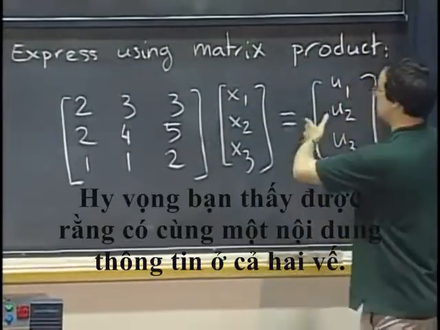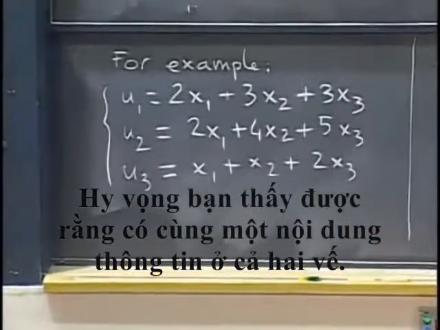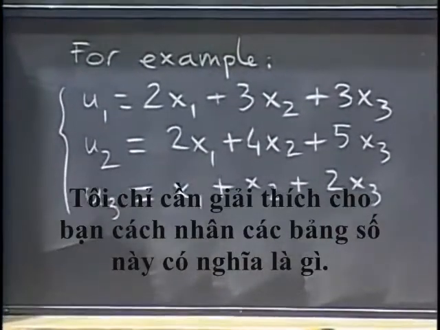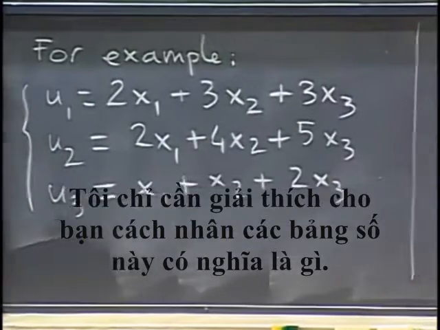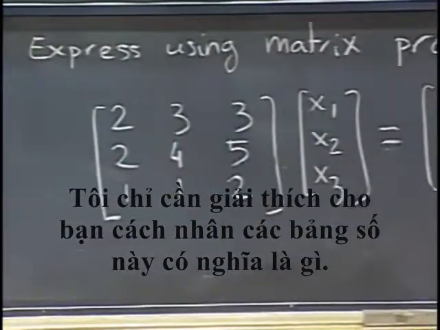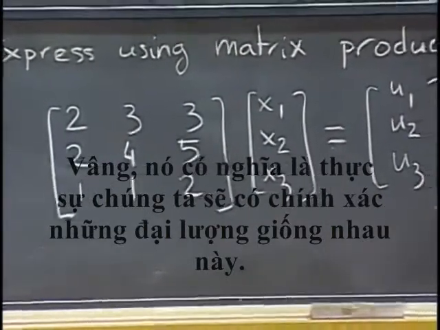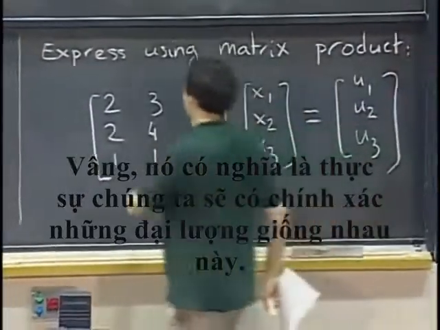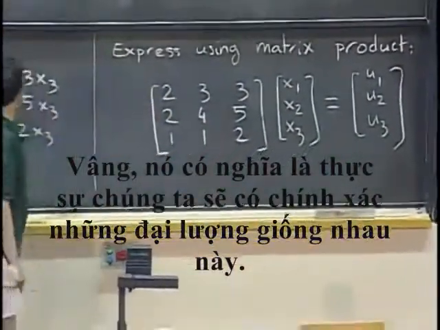Hopefully you see that there's the same information content on both sides. I just need to explain to you what this way of multiplying tables of numbers means.